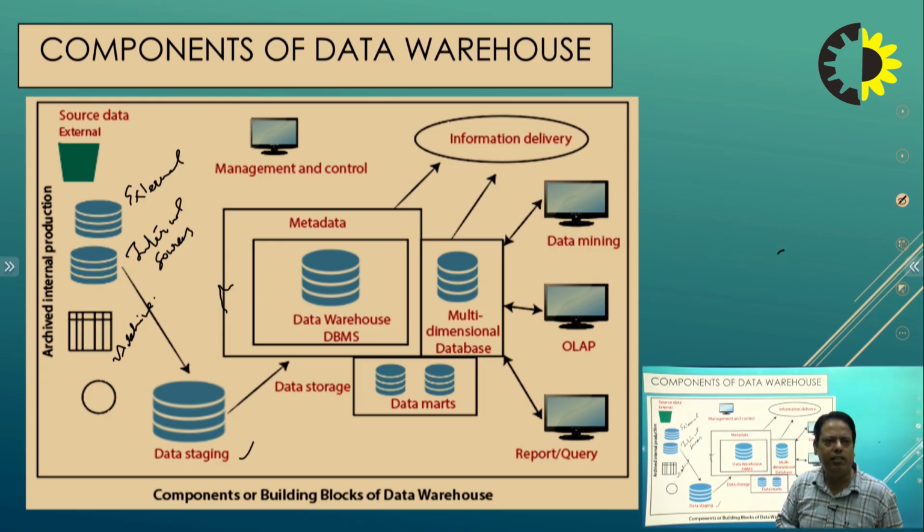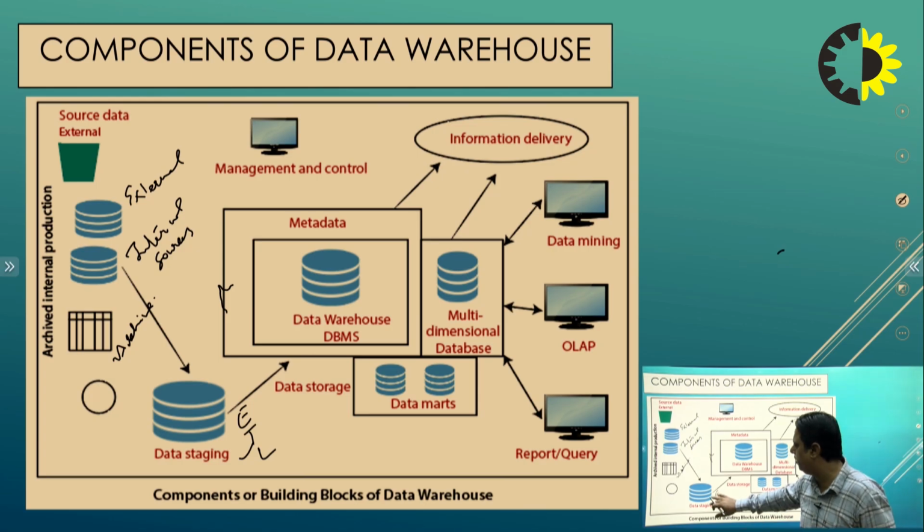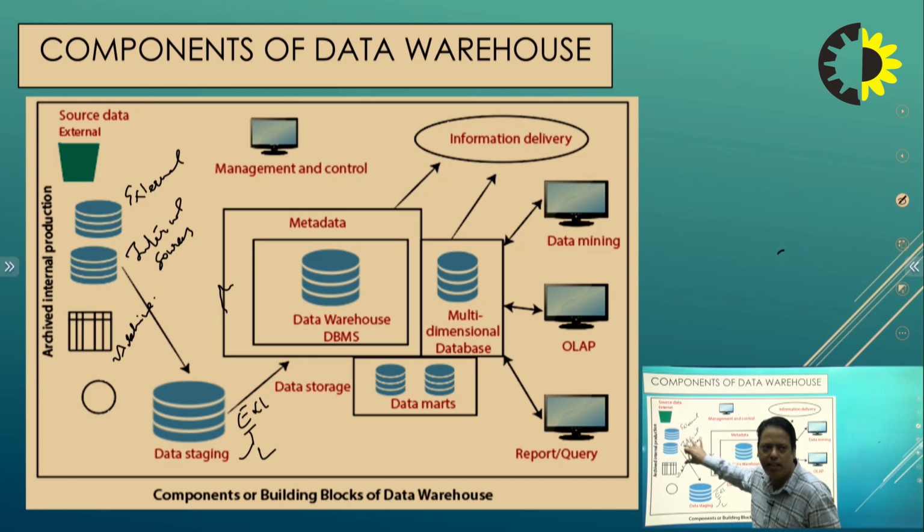What is data staging? Data staging is a part of the ETL process. Basically, the ETL process is performed at the data staging stage. What is ETL? Extract the data, transform the data, and load the data. Extract means extracting the data from different types of sources.